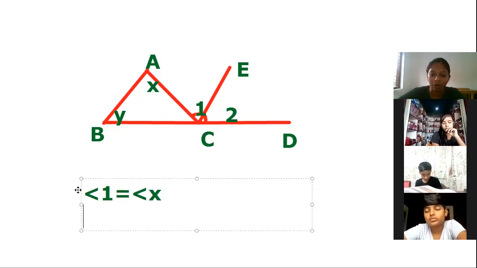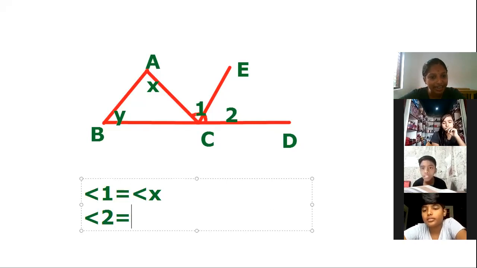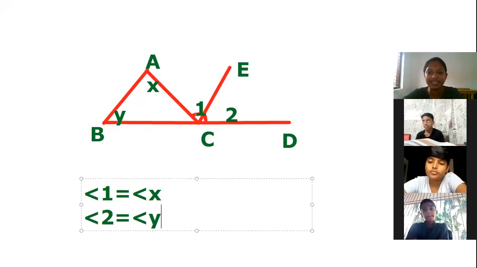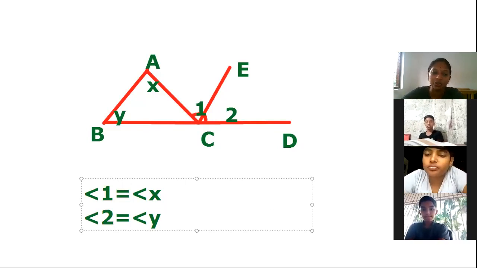And similarly, what about angle 2? Angle 2 and angle Y should be equal. How will you get angle 1 equal to angle X and angle 2 equal to angle Y?